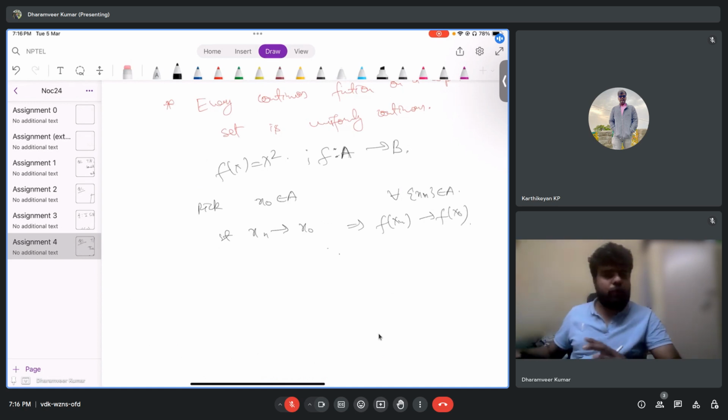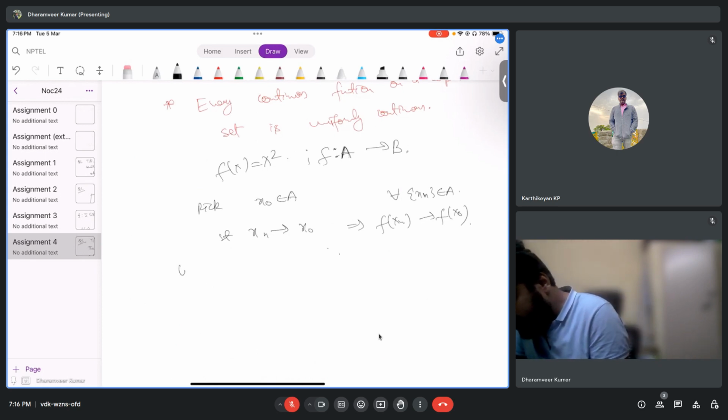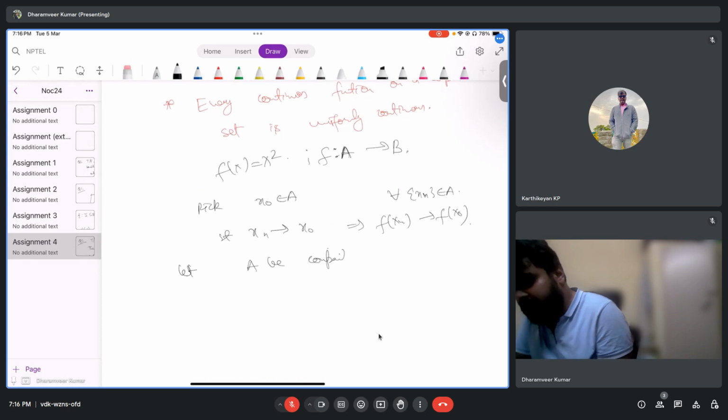It doesn't require A to be open, closed, whatever. Now let A be compact. This means A is closed and A is bounded.